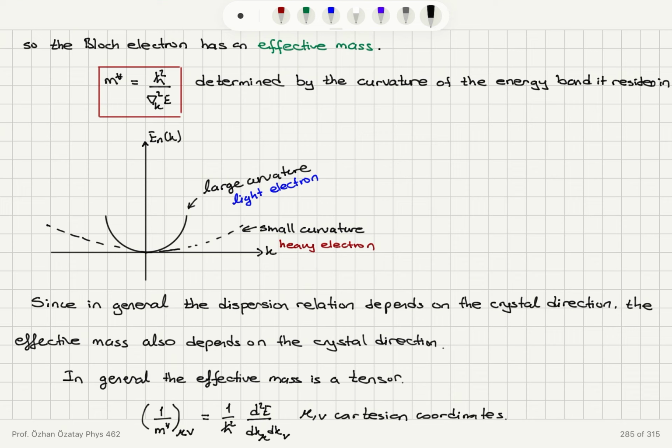So we can use the semi-classical model that takes into account the energy band structure and Newton's second law of motion if we introduce the concept of effective mass, and the effective mass of the electron is determined by the curvature of the energy bands.